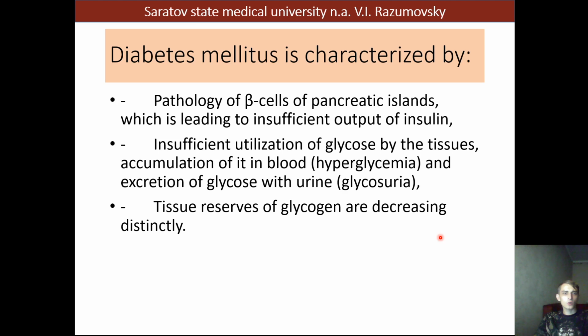Insufficient utilization of glucose by the tissues, accumulation of it in blood, hyperglycemia, and excretion of glucose with urine, glucosuria. Tissue reserves of glycogen decrease distinctly.